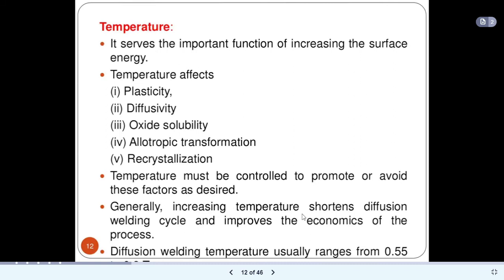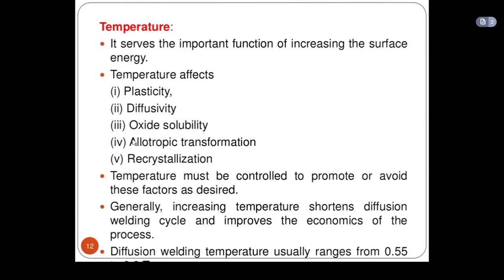Generally, increasing the temperature shortens the diffusion welding cycle and improves the economy of the diffusion. Diffusion welding temperature usually ranges from 0.55 to 0.90 of the melting point of the base material. Means the purpose of the temperature is to reduce the welding cycle time. As we increase the temperature, the welding cycle time will reduce.